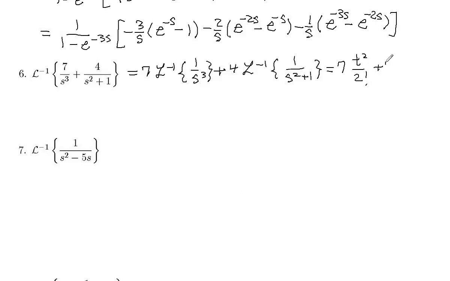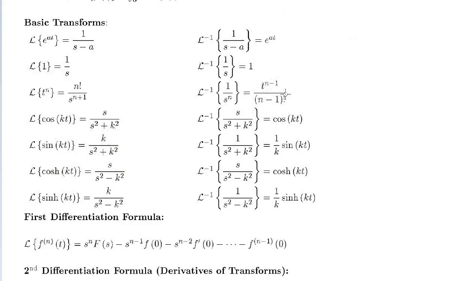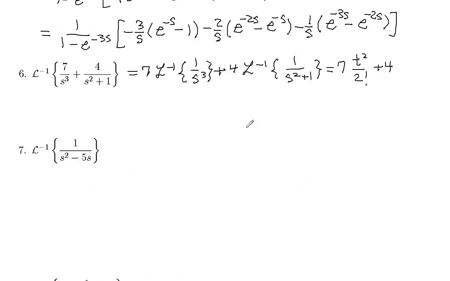And then plus 4 inverse transform 1 over s squared plus 1. So that one looks like this: 1 over s squared plus k squared, with k equals 1. So that's just going to be 1 over 1 sine of 1t. So just sine of t. And that one's all set.